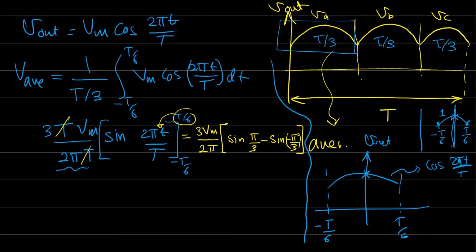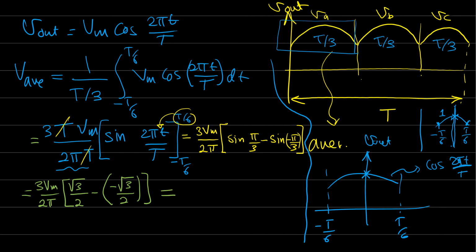Finally, this will be 3V maximum over 2 pi times the square root of 3 over 2 minus minus the square root of 3 over 2, and this will be how much?